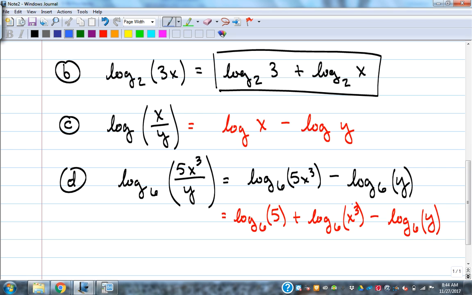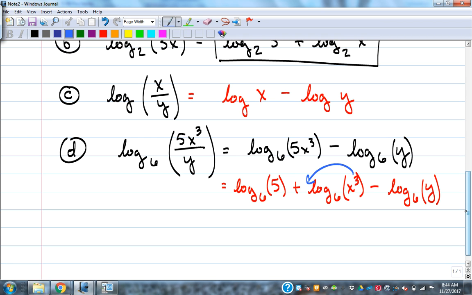And then that 3 can come to the front, but only for that piece. The risk that you take in moving it first is that you forget, oh, that 3 doesn't go with the 5. It only goes with the x. So here we have log base 6 of 5 plus 3 log base 6 of x minus log base 6 of y.